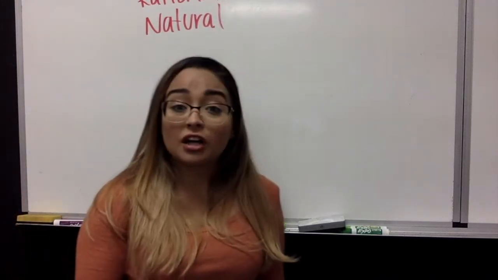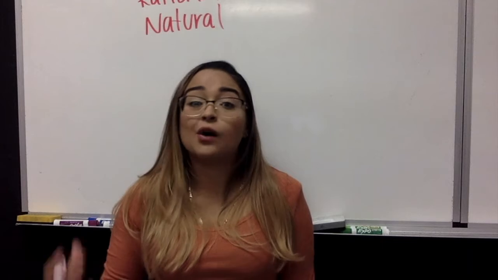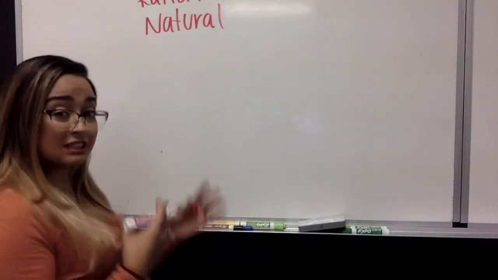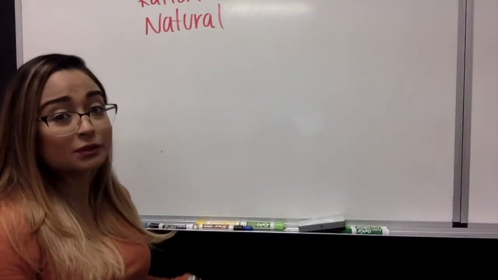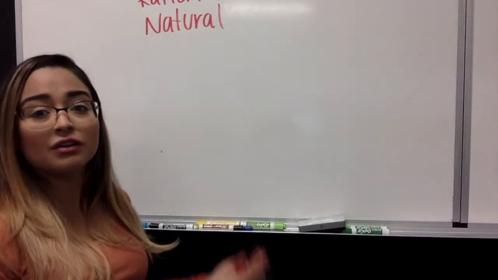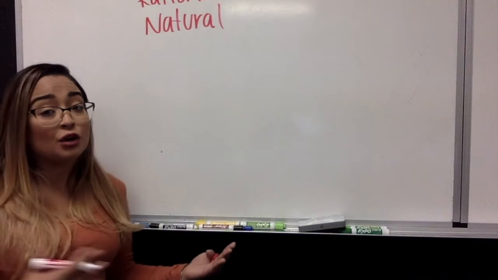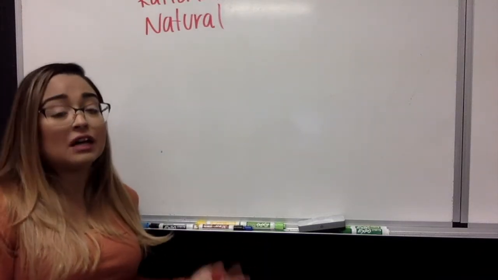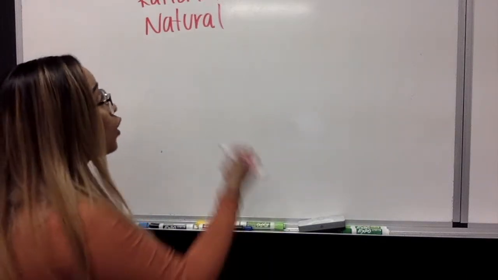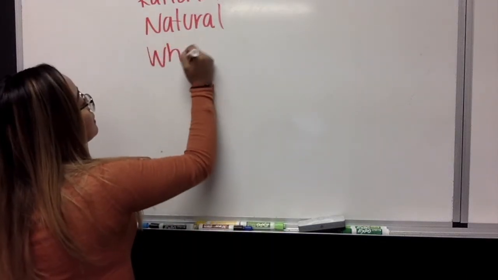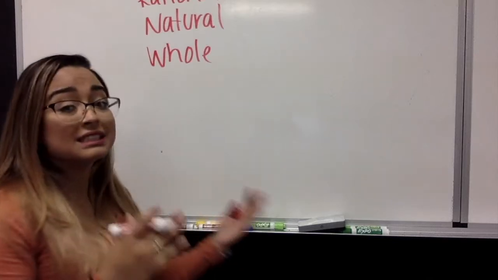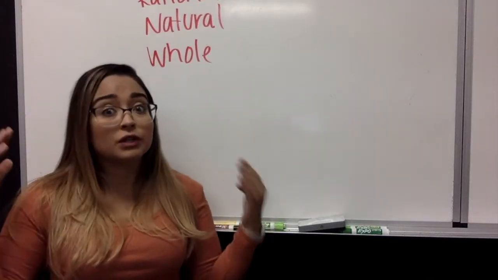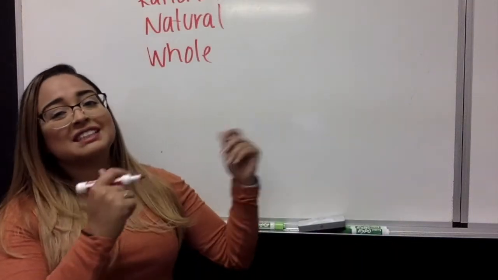It's like when a toddler is counting, they naturally count 1, 2, 3, 4, 5. That's the best way to remember. Whole numbers include 0. When you count 0, 1, 2, 3, 4, 5, 6, 7, 8, 9, 10.